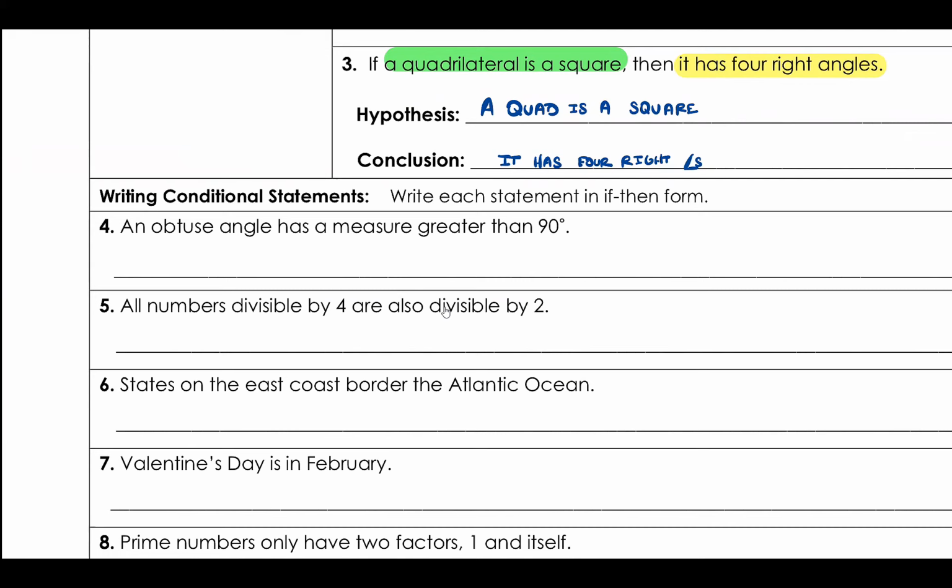So if an angle is obtuse, then what do you think? Then it has a measure greater than 90. Absolutely.